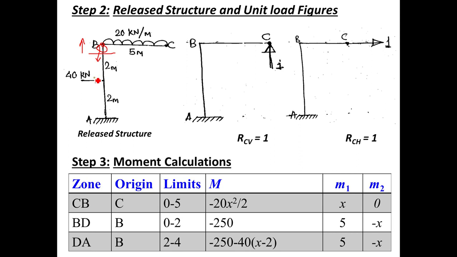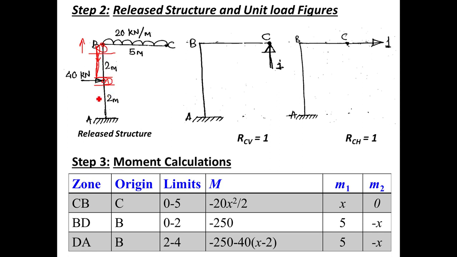For example, let's assume the point where the point load is acting is point D. If you take a section just before point D and observe the upward portion of the column, there is no load. But if you cross point D, the point load will come into the picture. It means at point D, your zone will change in the column, right?